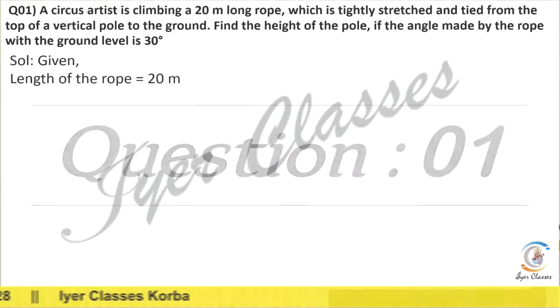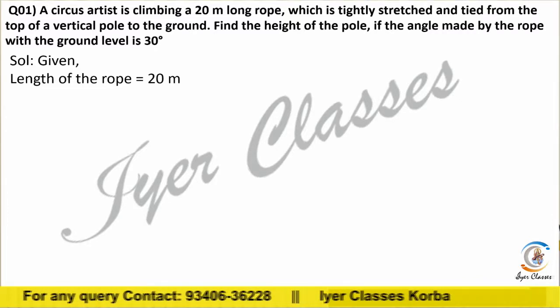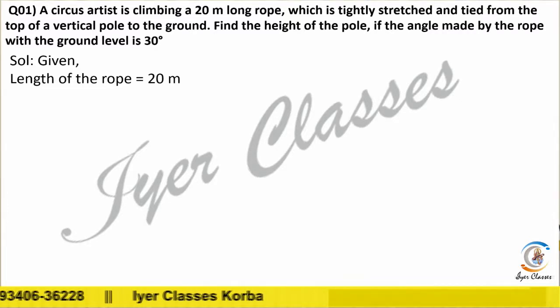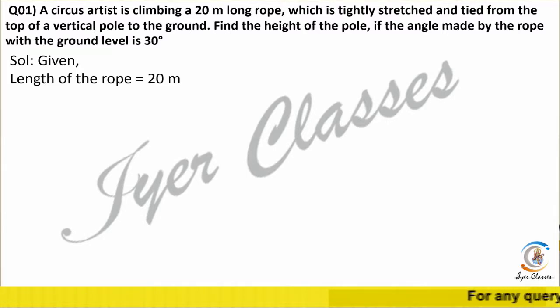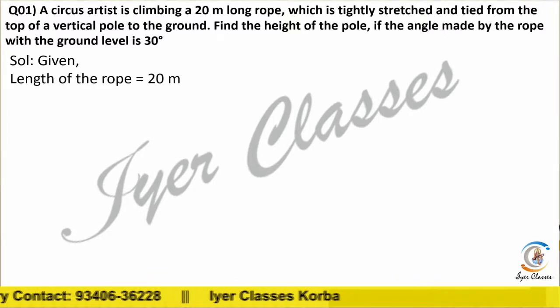Let us do the first question in heights and distances, which says that there is a circus artist who is climbing a 20-meter long rope which is tightly stretched and tied from the top of a vertical pole to the ground. Find the height of the pole if the angle made by the rope with the ground level is 30 degrees.